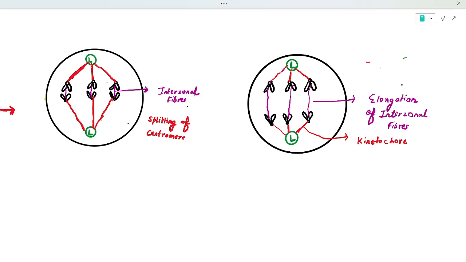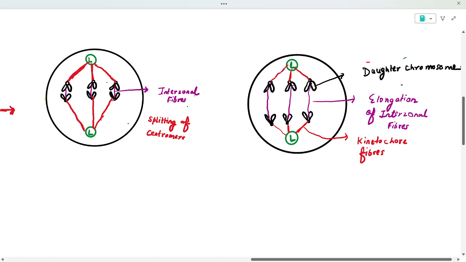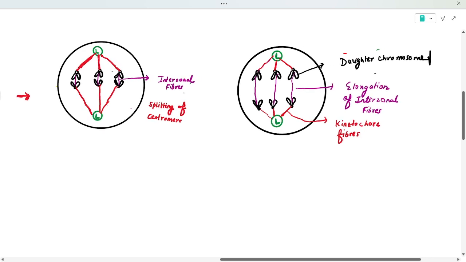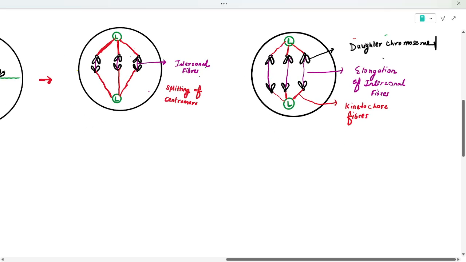Due to this shortening and elongation, these daughter chromosomes are moving towards the poles. They are going closer to the poles.